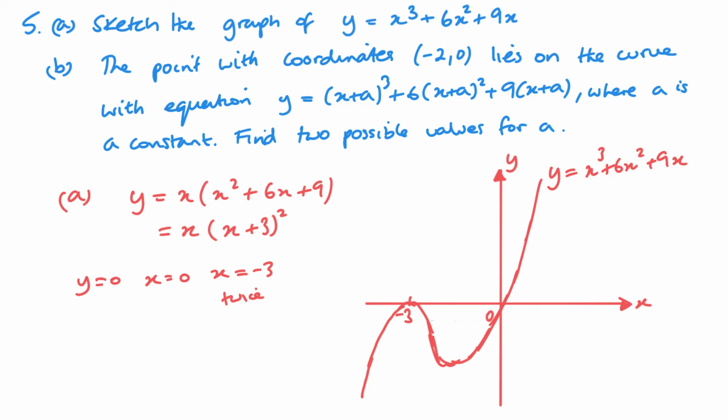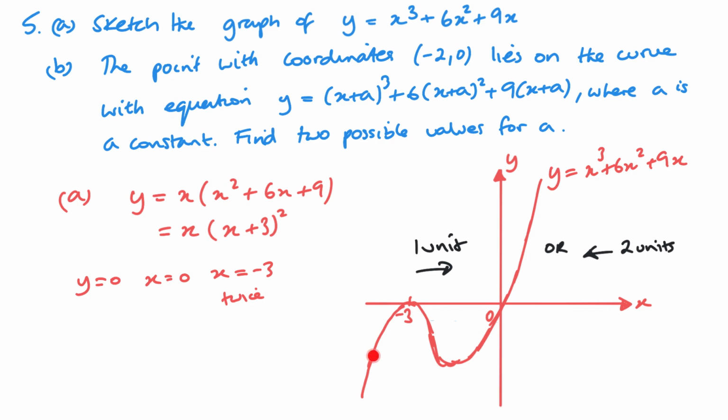So what I can think of happening is that this whole graph can shift 1 square or 1 unit to the right, and that would then cross at -2, 0, or it could shift to the left by 2 units, and that would mean that the graph would also cross at -2.